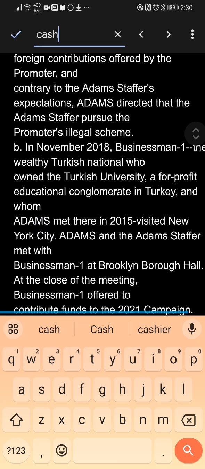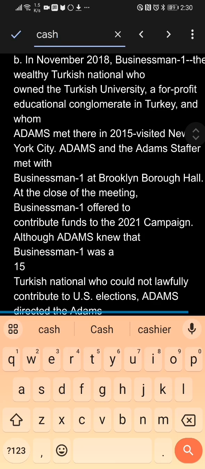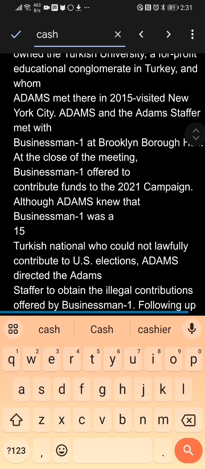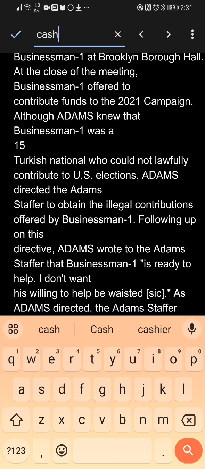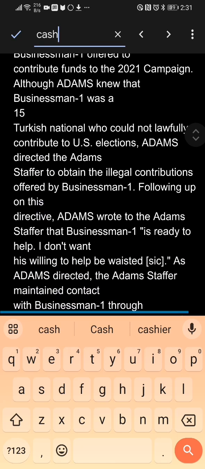Adams and the Adams staffer met with Businessman 1 at Borough Hall. At the close of the meeting, Businessman 1 offered to contribute funds to the campaign. Although Adams knew Businessman 1 was a Turkish national who could not lawfully contribute to U.S. elections, Adams directed the Adams staffers to obtain the illegal contributions offered by Businessman 1. Following up on this directive, Adams wrote to the Adams staffer that Businessman 1 is ready to help.